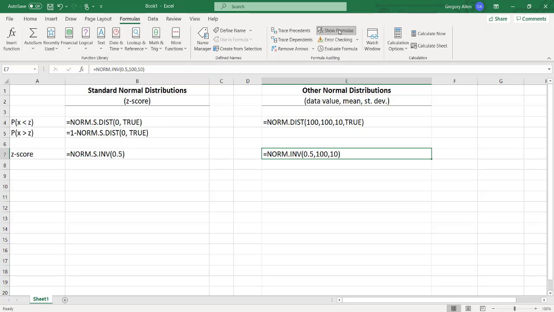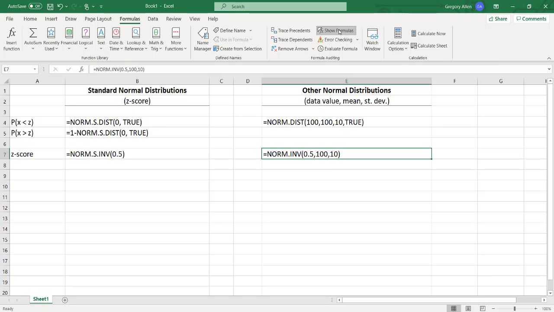You're going to have something like this NORM, some abbreviation for the name of the distribution. And if you want a probability, you're going to put that abbreviated name .DIST. And if you want a t-score or a chi-square score, you're going to do that abbreviated name .INV.